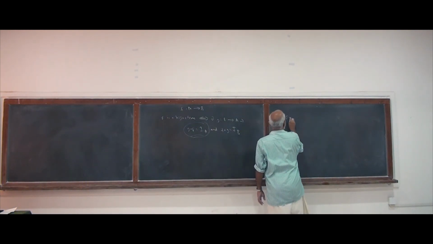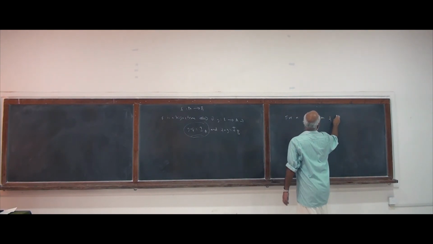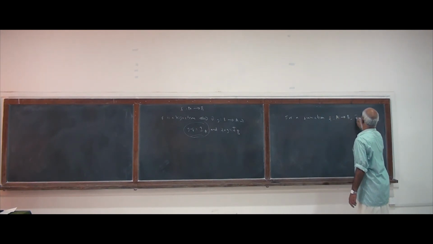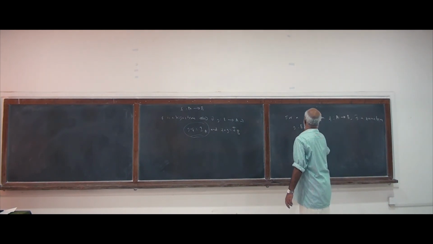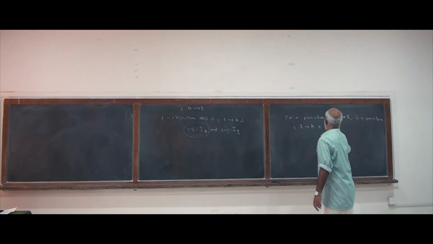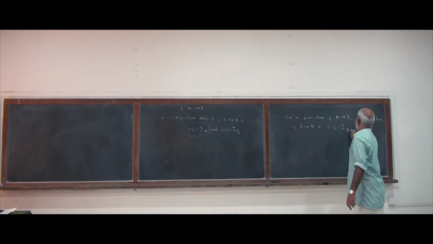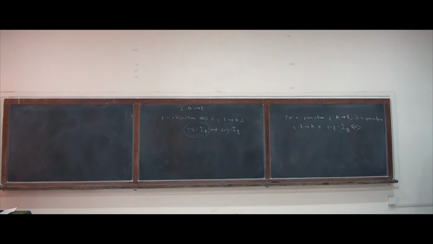For a function f from A to B, there is a function g from B to A such that g composition f is equal to the identity on A.